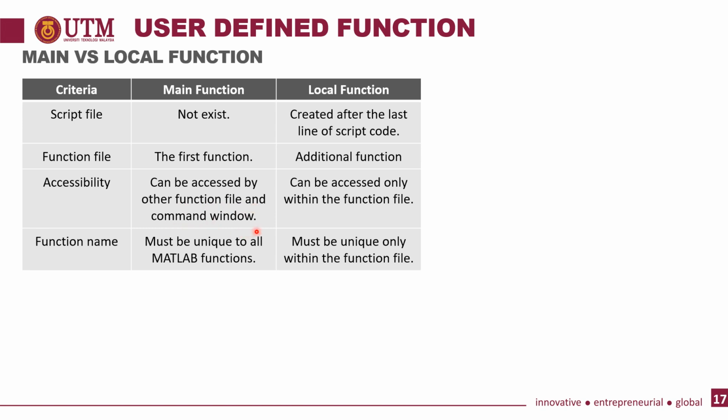So after you initialize a main function, you can call it anywhere you like, either in the command window or in another function file. But a local function can only be accessed within the function file. So in your function file, you have a local function, and you can only call the local function inside that function file. After this, I will show you some examples.